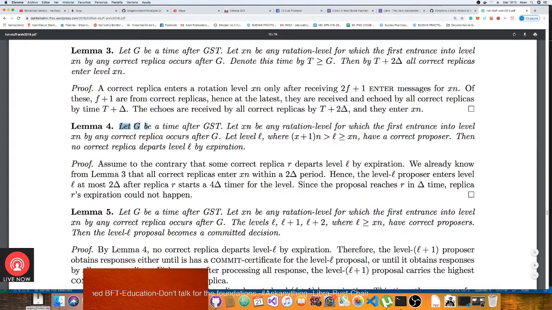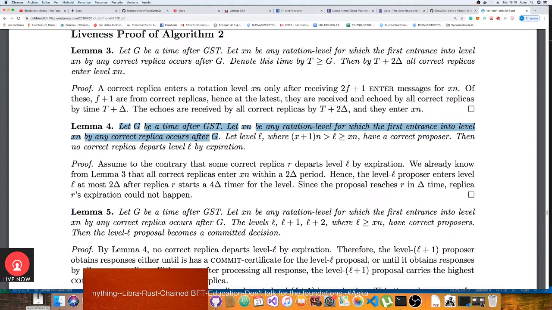So let X be any rotation level for which the first entrance into level X by a correct replica occurs after G. So you have the same condition. And the thing is that it's shown here. So you are making a lemma analysis so that this can be proved, in the sense of dealing with the measures.